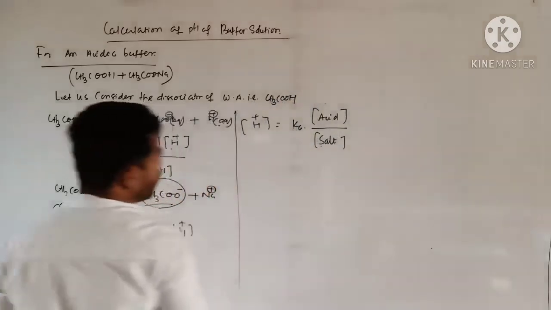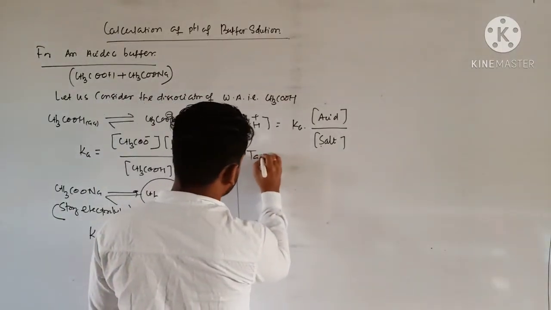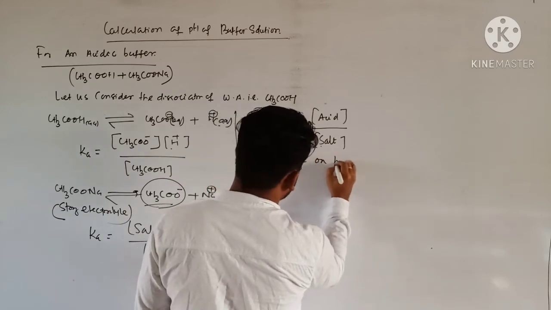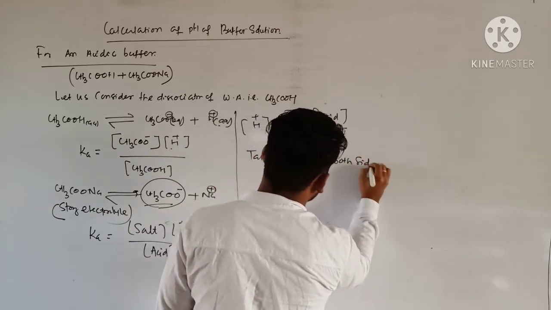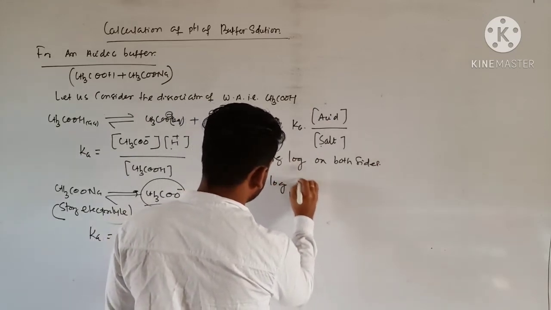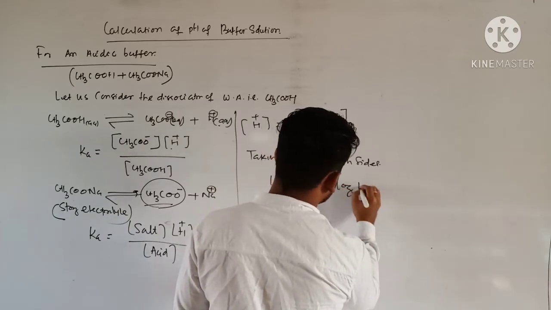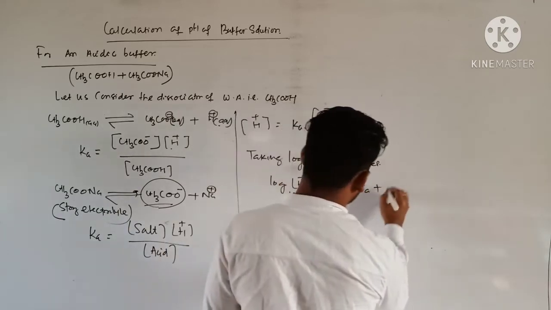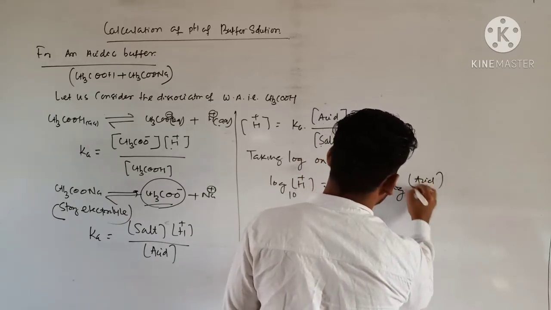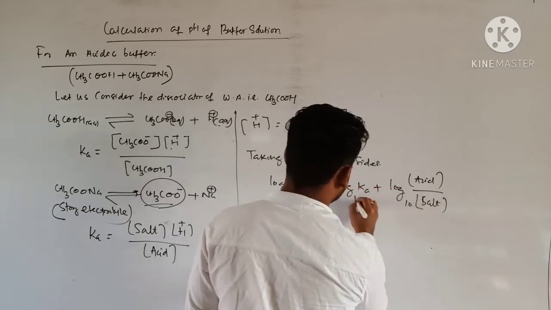That clear? Now taking log on both sides, what I will get? Log H plus ion concentration is equal to log Ka plus log acid concentration upon salt concentration, base 10.